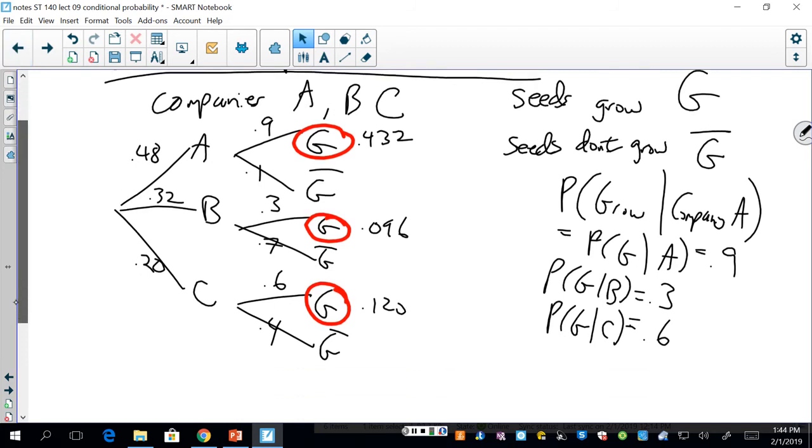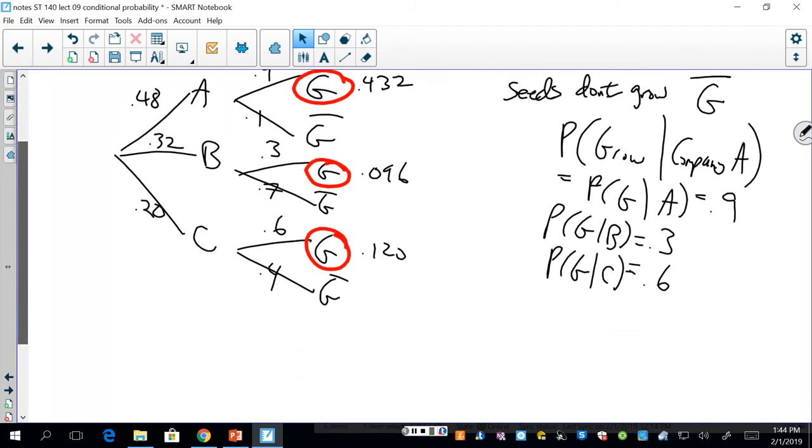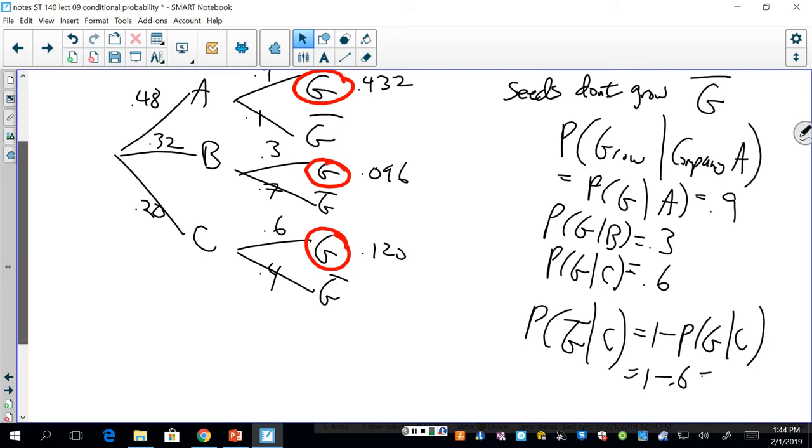So the probability of not growing among C: C is the denominator, so 1 minus the probability of growing in C. 1 minus 0.6 is 0.4, or 40%.